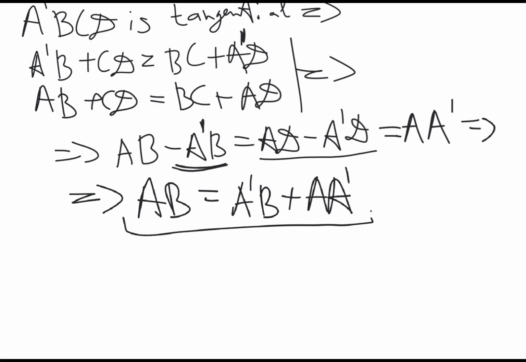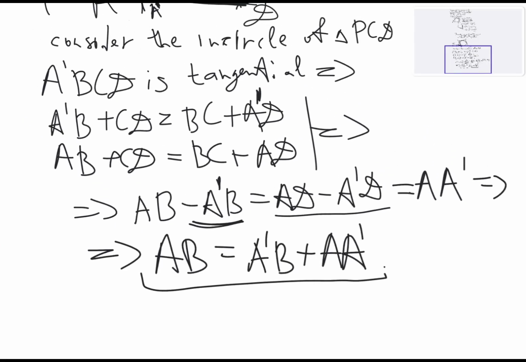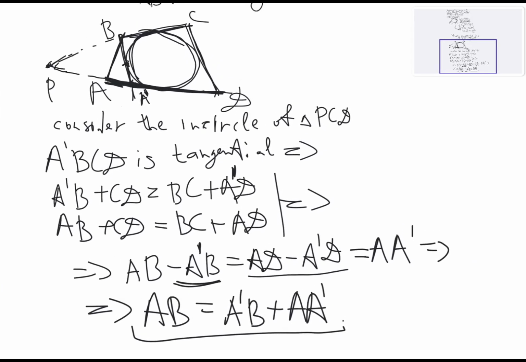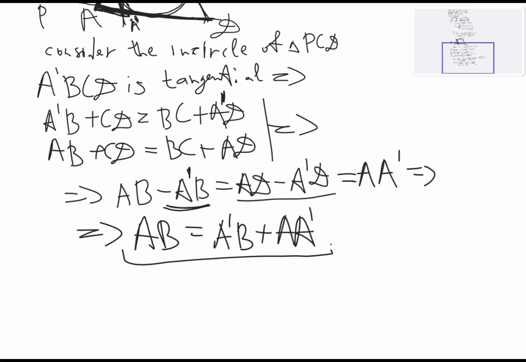So let's look at the picture. AB is equal to A prime B plus AA prime.